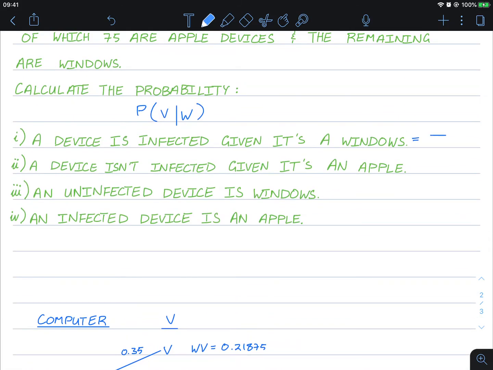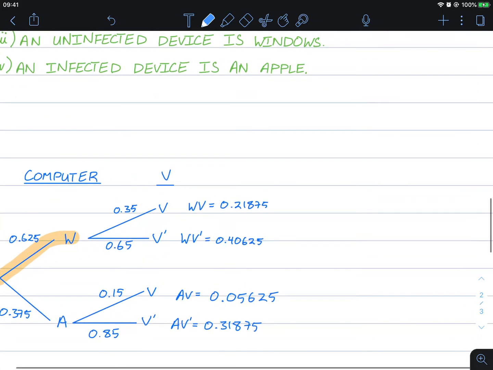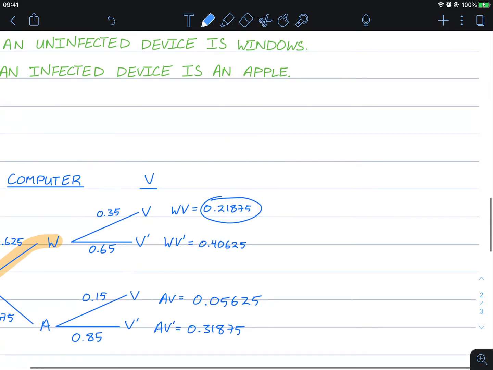So 0.625 is our sample space, so that's over 0.625. And it has a virus is this one here, 0.21875.